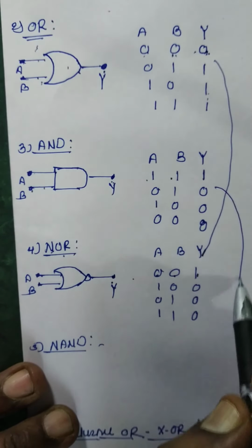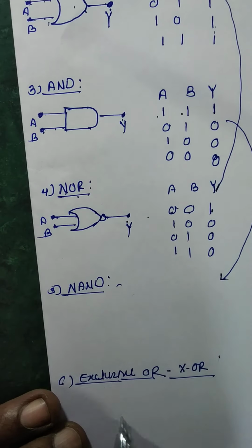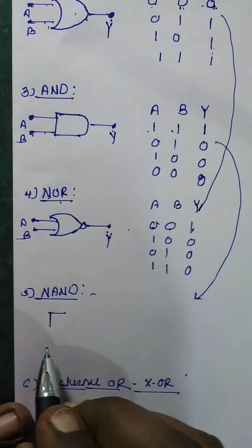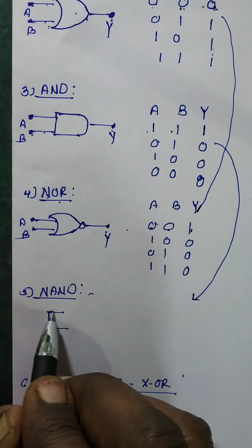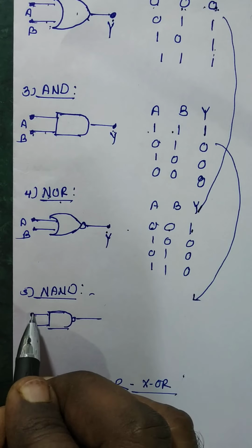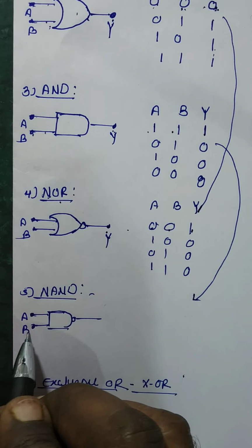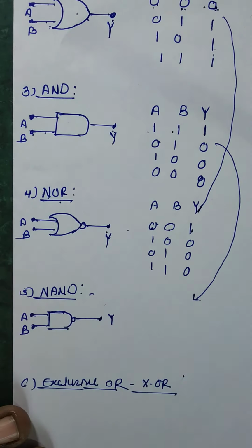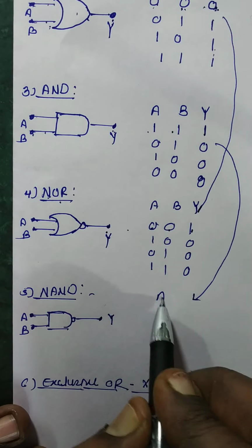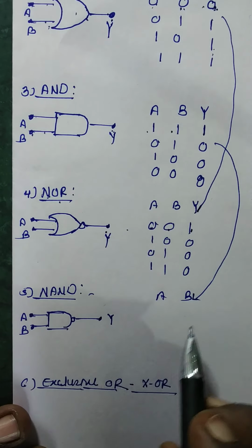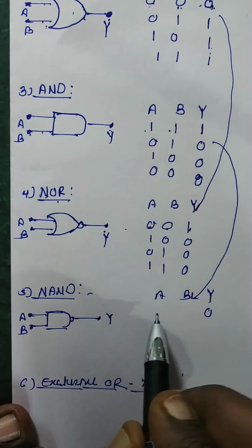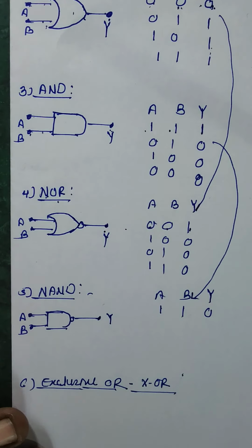And the inverted of this is for the NAND gate. A logic gate which has two or more inputs but only one output, such that it is the inverse of this. Here A, B, Y. Output is low only when all inputs are high.